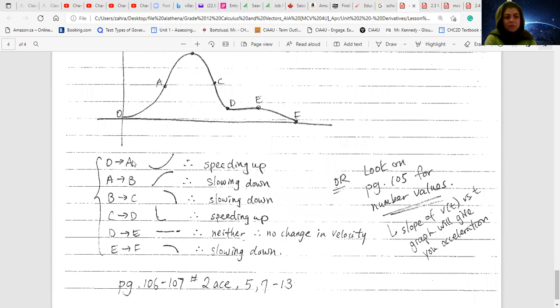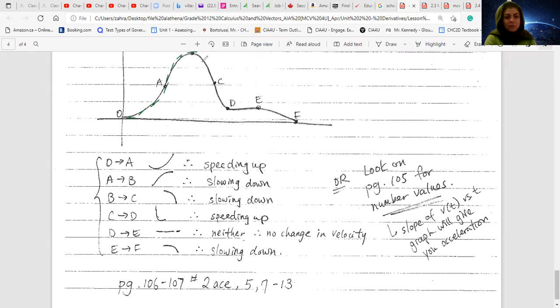So from D to A, what is happening? The slope is getting sharper and sharper, and it's positive. So you speed up. From A to B is slowing down, right? You have a high slope here and it becomes 0, right? So it slows down and stops here.